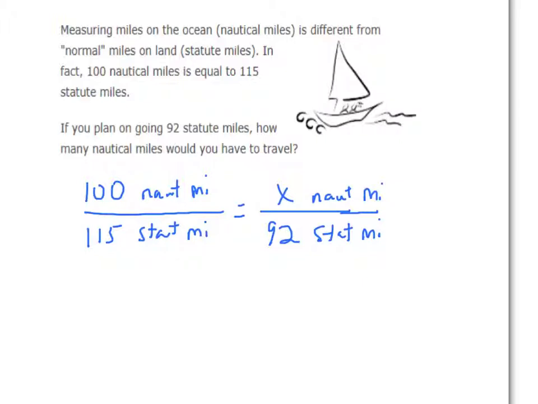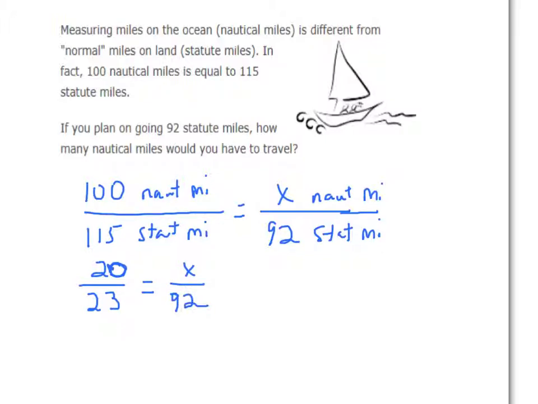There's no clear multiplier here, so this is probably going to work best with cross multiplying. But first I can simplify to make the numbers easier to work with. I can cancel out a factor of 5: there are 20 fives in 100, and 23 fives in 115, as x is to 92.